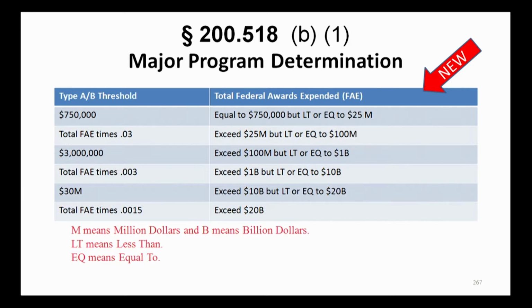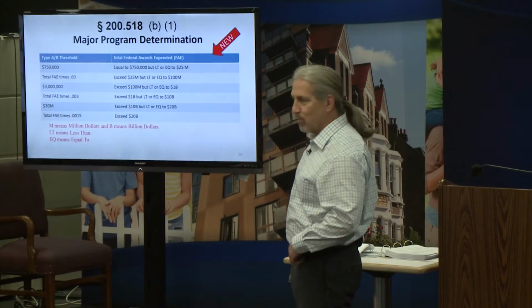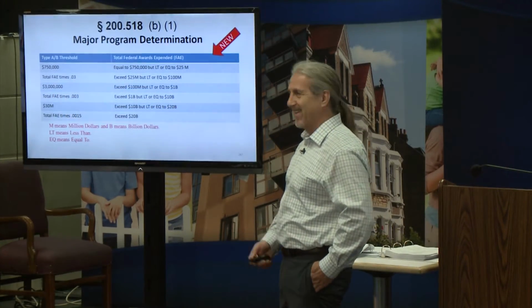If it exceeds 25 million, but less than or equal to 100 million, then the threshold is going to be total federal award expended times 0.03. And then that should cover all of us. We would like to have that problem, right? To have exceeds 1 billion. Oh boy, that'd be something.